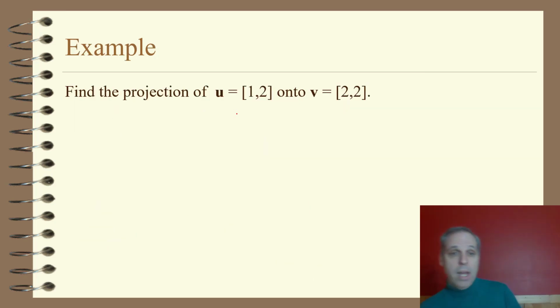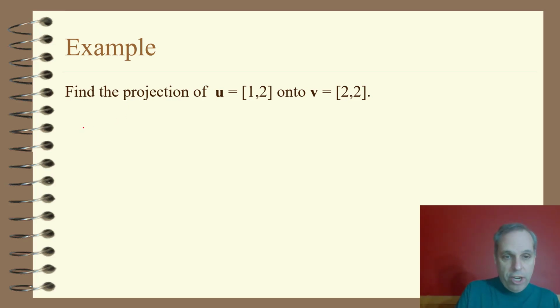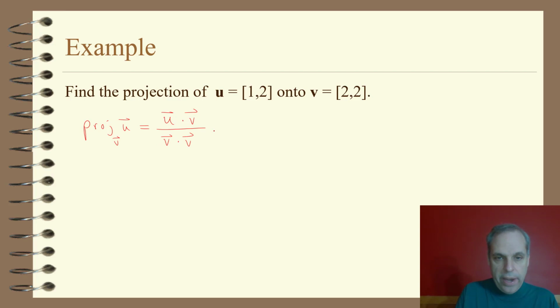So let's just do it. I want to find out what that projection is. It's really very simple. In order to find the projection of the vector u upon vector v, I need to take u dotted with v all over v dotted with v, and then I just multiply it by the vector v. So u dotted with v is 1 times 2 is 2, plus 2 times 2, that's 4.